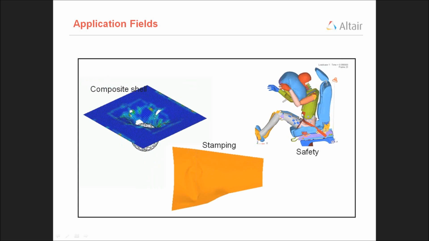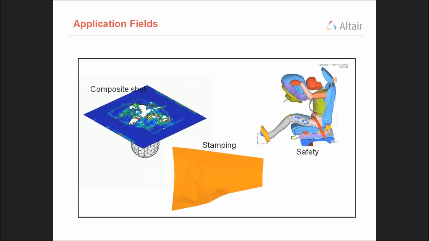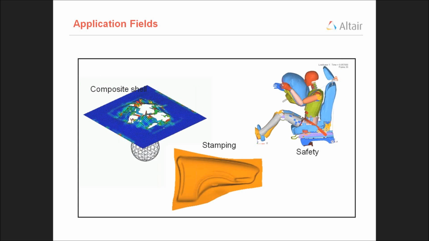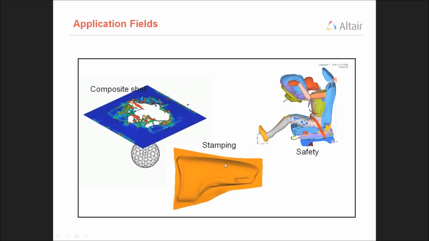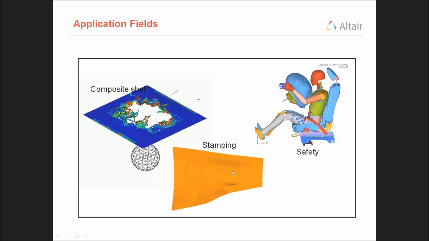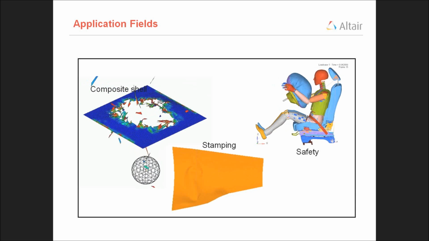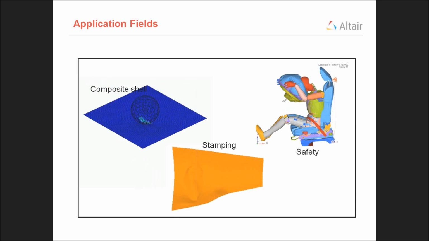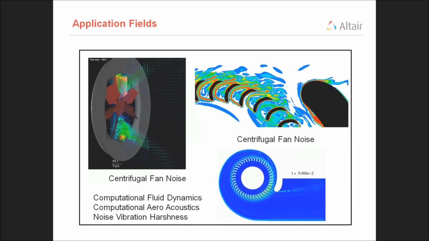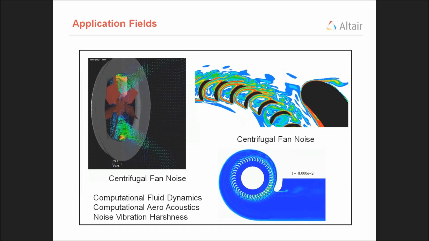You may have different barriers also, and all those come under safety. If you're using HyperForm, it uses radios to solve forming jobs in manufacturing simulation. And as I mentioned earlier, radios also has some CFD capabilities, which we are seeing here.